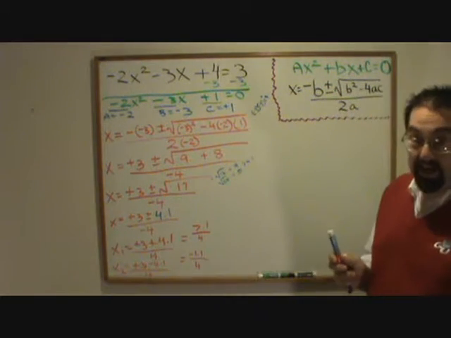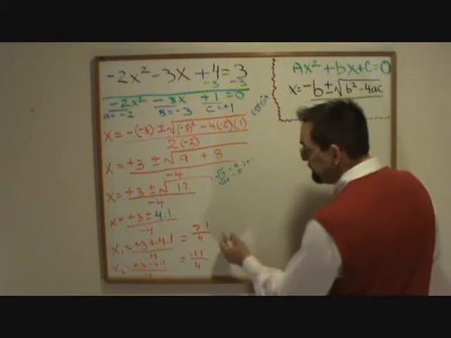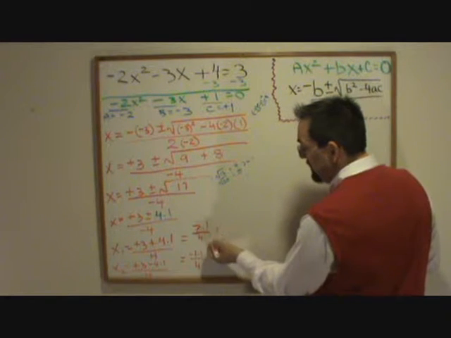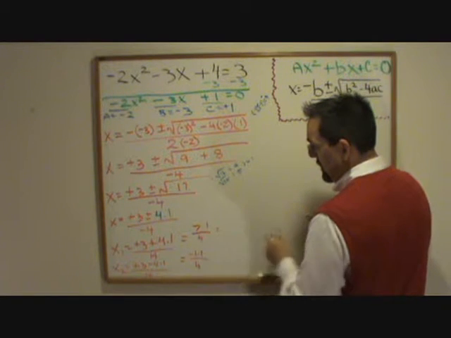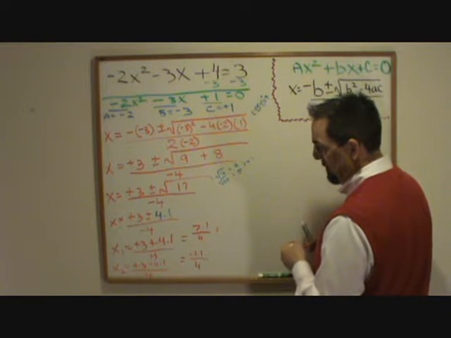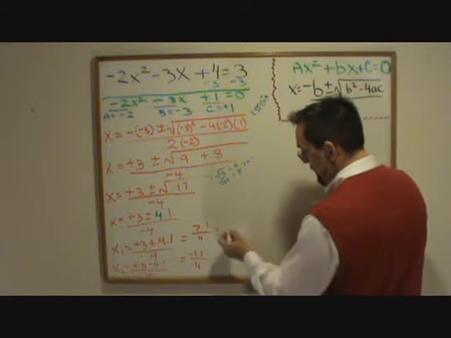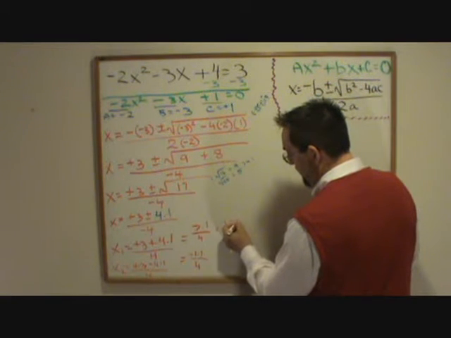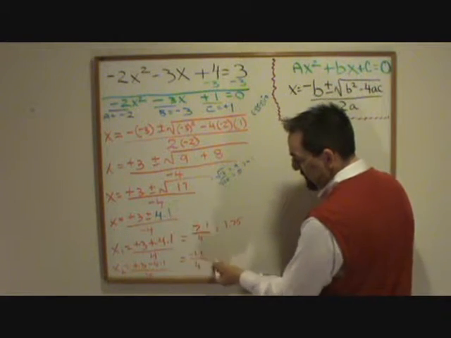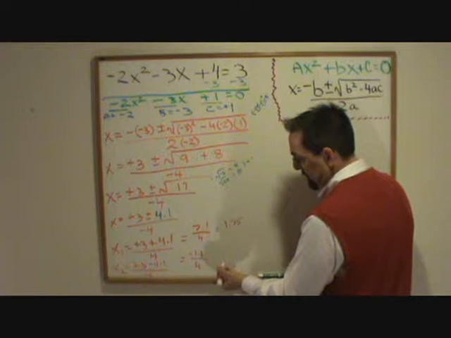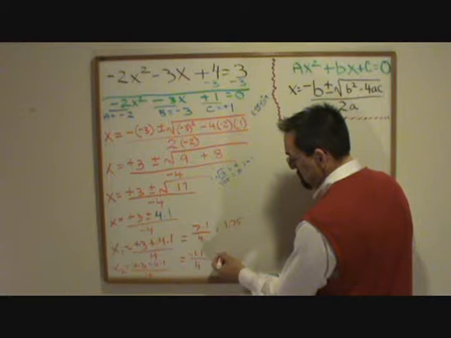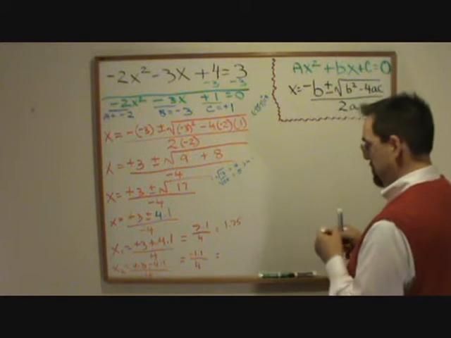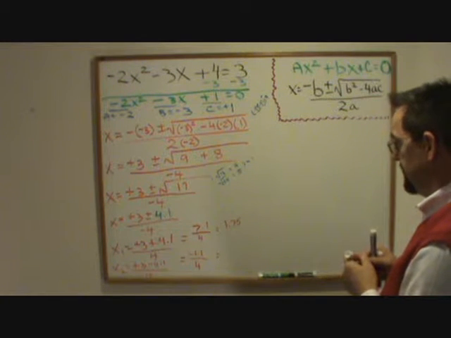Now it would really be handy if we had a calculator here. But we could do this off the top. 1.75. Yep, let's try 1.75. And 4 goes into this 2, 7, 0.7.